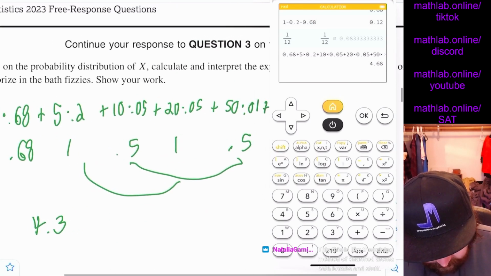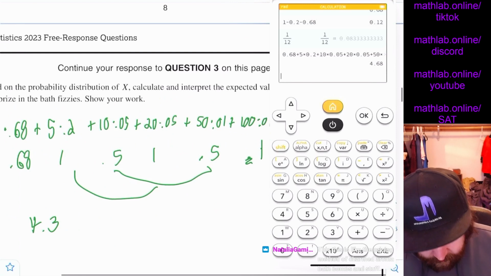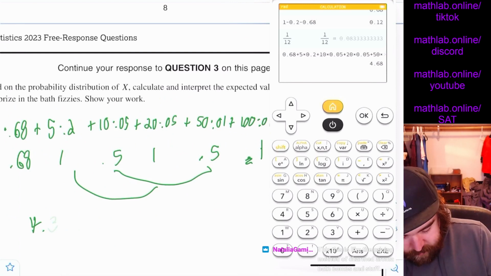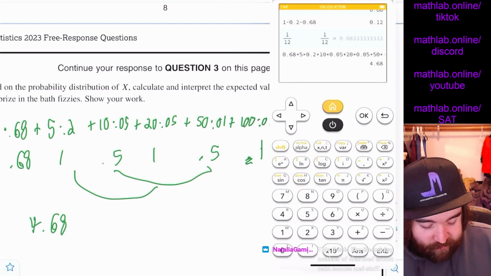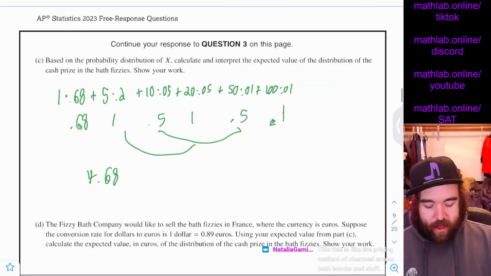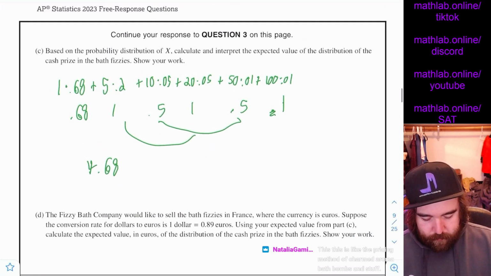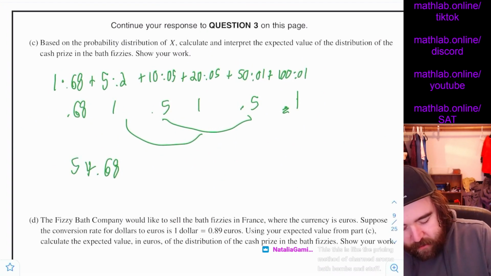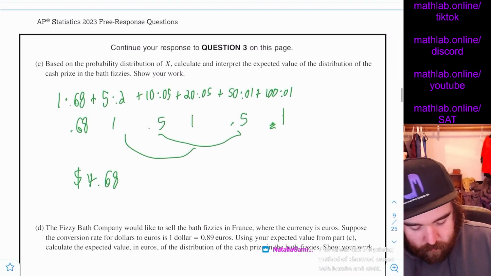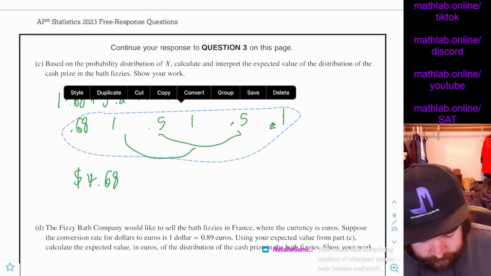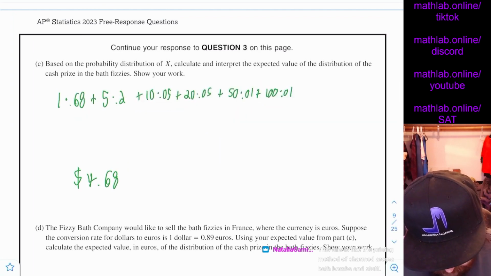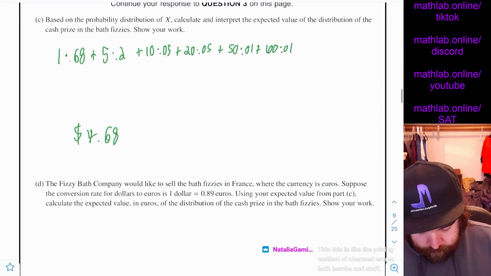Oh, how did I say 3? Yeah, it's 4.68. Okay, I'm not suspicious of that. $4.68. So that's your expected value, and that is plenty of all the work that we need to do.